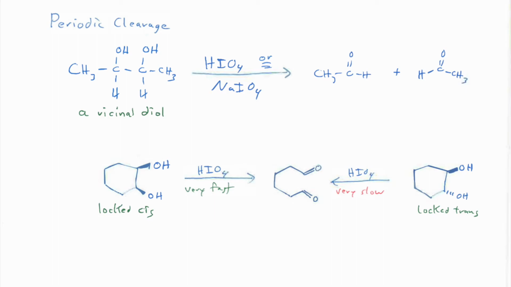And that's exactly what happens. The periodate simply turns itself into an ester on both of those alcohol functionalities. And that can only occur really efficiently when those two alcohols are pointing in the same direction, because again, the iodine has to be attached to both at the same time. So that's why the reaction is much, much faster when the alcohols are in a syn position rather than an anti position.